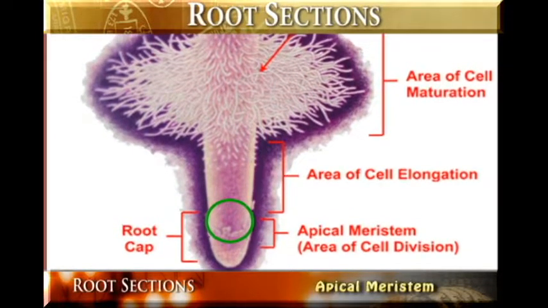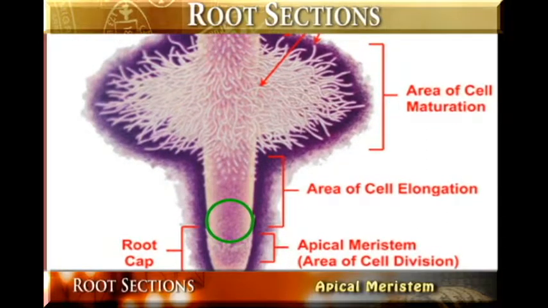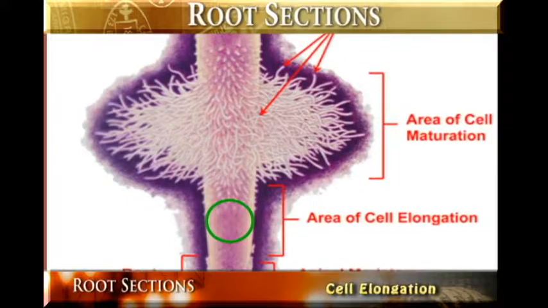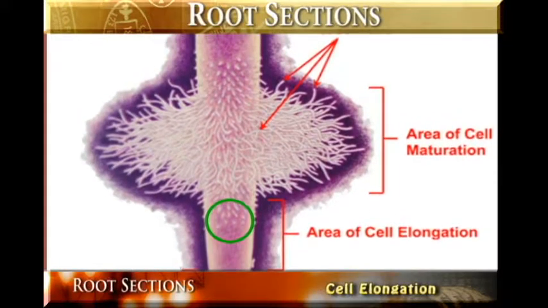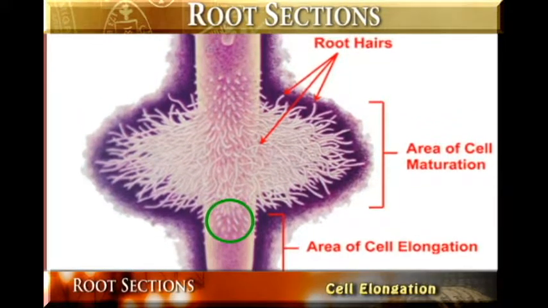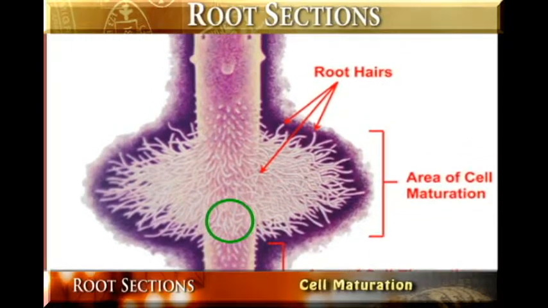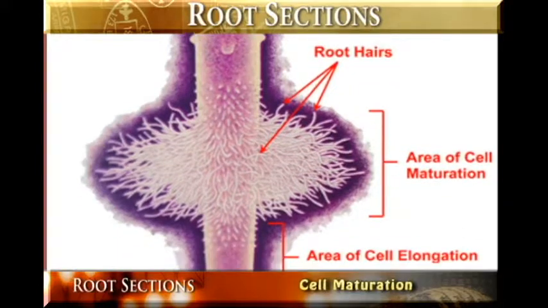And if you continue above the region of cell division, you go to the region of cell elongation. And beyond the region of cell elongation, we have the region of maturation. And the region of maturation, that's where we start having the root hair.